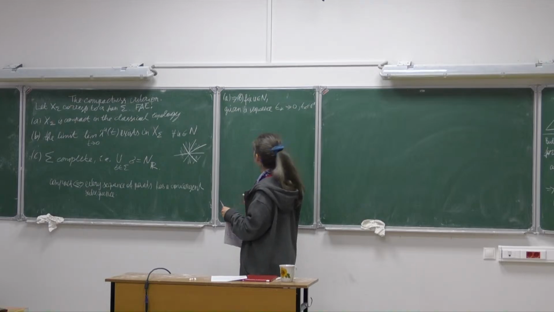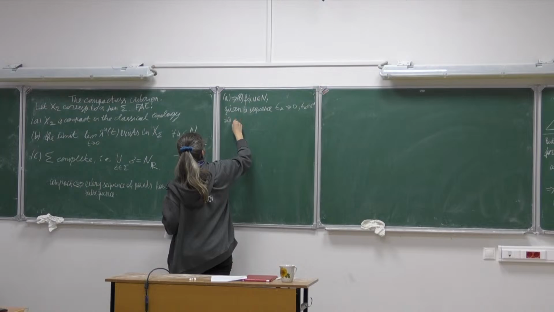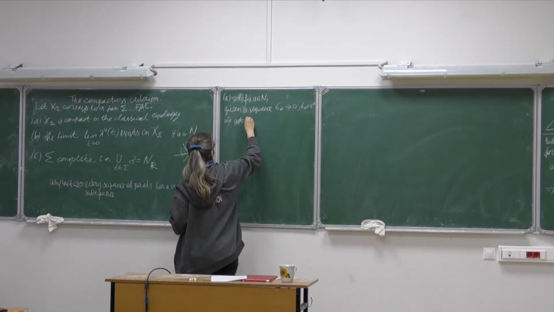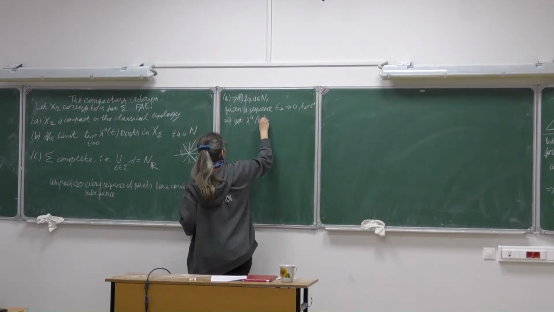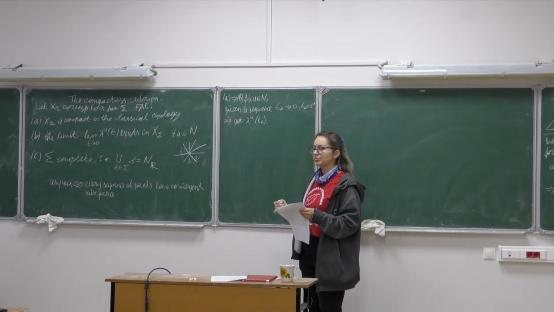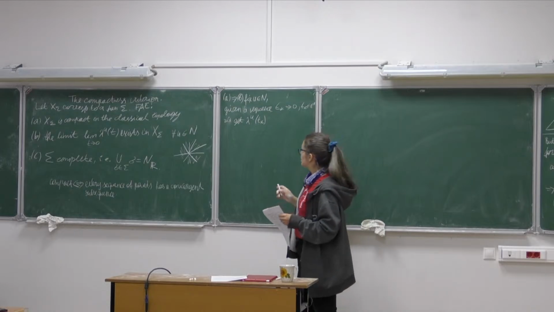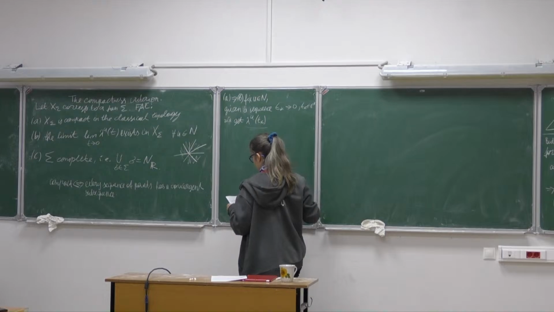We get a sequence of points, lambda u of tk. We know that since X sigma is compact, this sequence has a convergent subsequence.